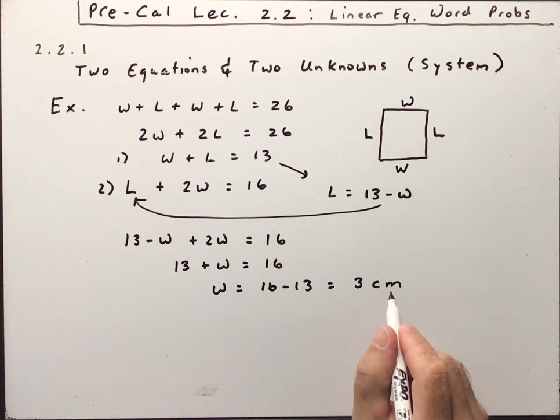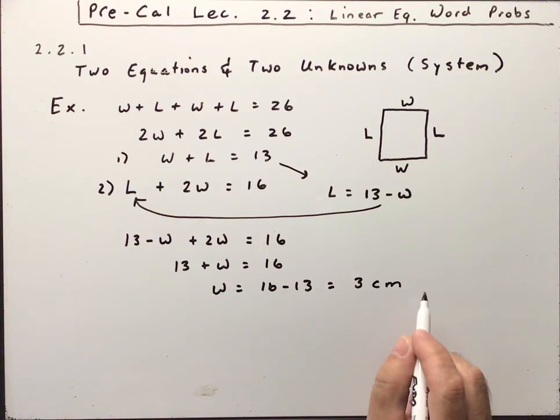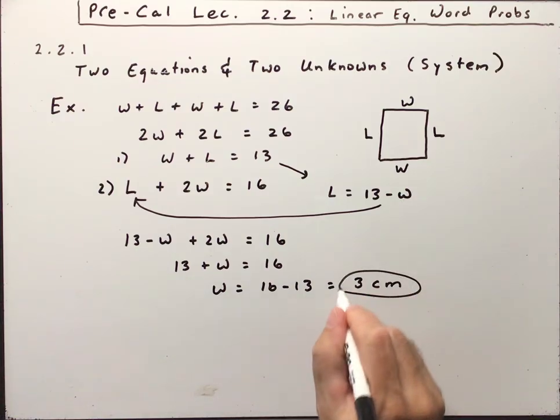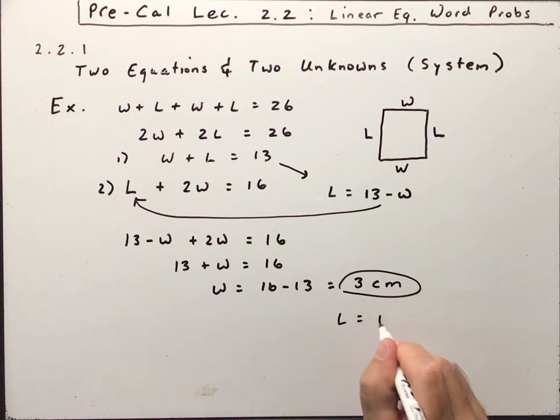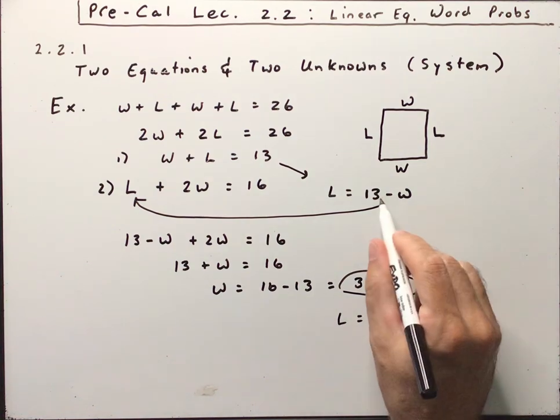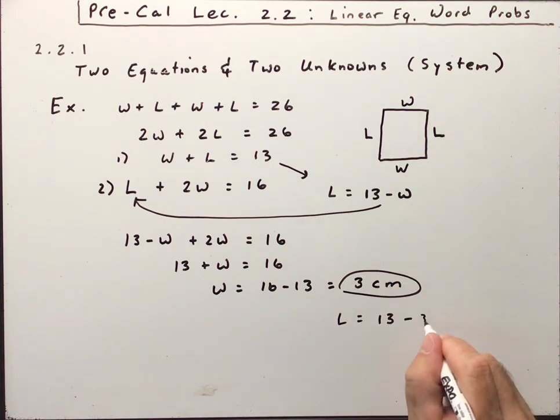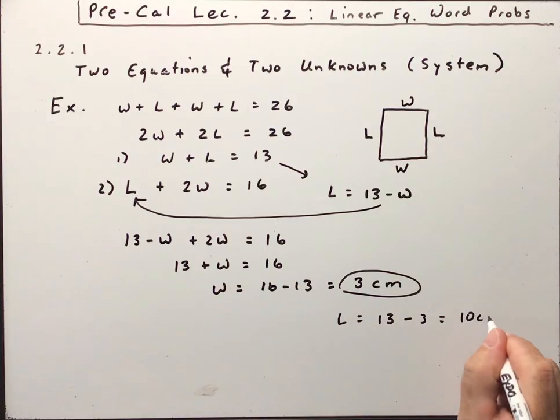All right, it just asked how wide is the paper, but we could get the length, right? If we wanted to, length is 13 minus W, so 13 minus 3, which would be 10 centimeters. Didn't ask for that, but if it did, pretty easy to find it.